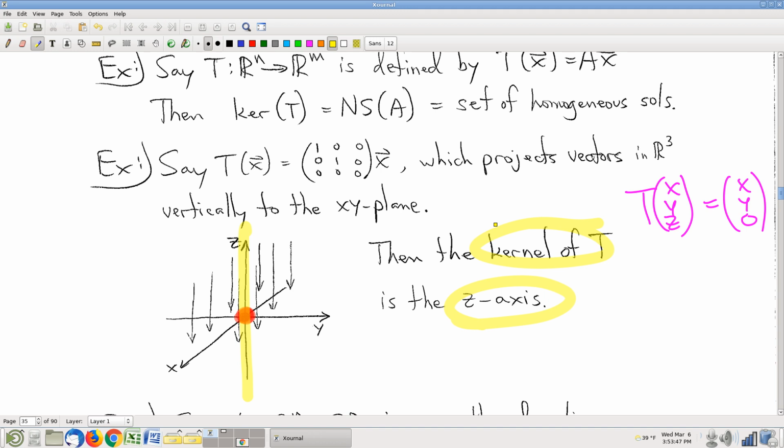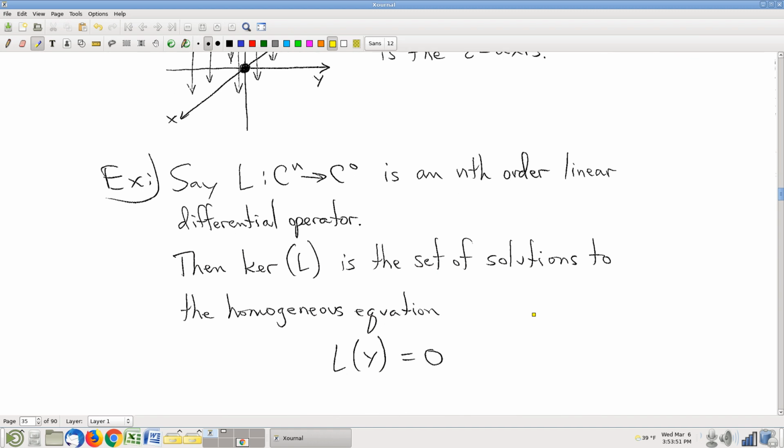Okay. All right. Another familiar example. Again, this is old news, but we've talked about this thing L from chapter 4. We talked about it in chapter 4 as being a linear differential operator. We're now interpreting it as a linear transformation. Same thing. So what is the kernel of this L linear transformation? Well, kernel says, what can I put into it to give me 0? That's the definition of a kernel.